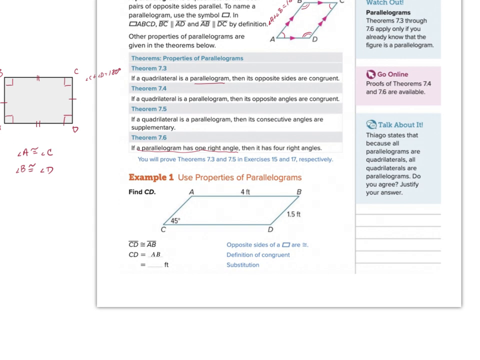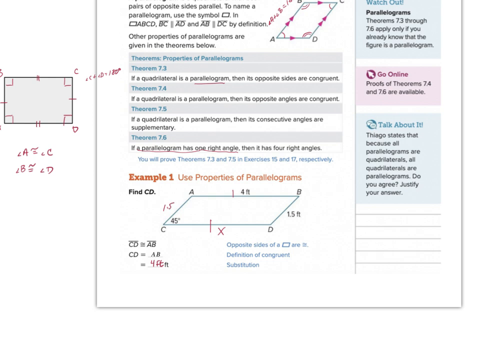So using that information, use the properties of parallelograms to find the value of CD. What is the value there? Well, opposites, right? This is congruent to that, so therefore CD is going to be 4 feet. That's what they're looking at. AC would be 1.5. They didn't ask us for it, but it's the opposite.